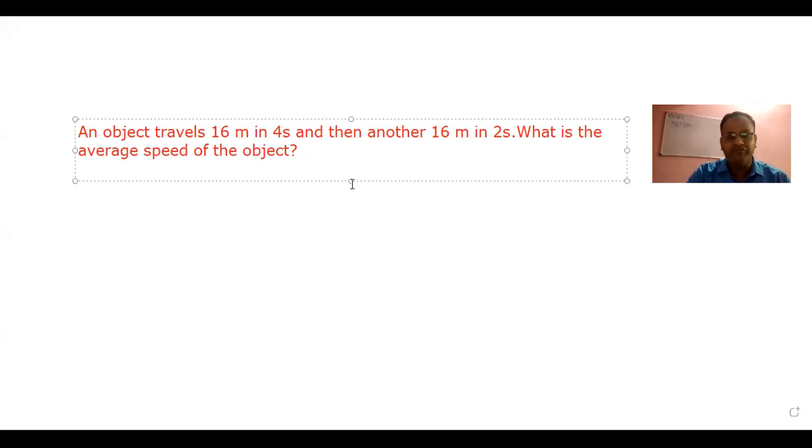So what is the formula for the average speed? Total distance traveled by total time taken. Very good. Correct, Siddhant, you can mute yourself.